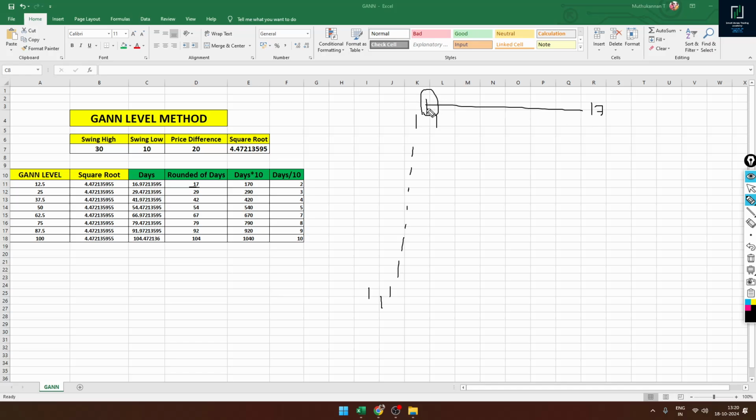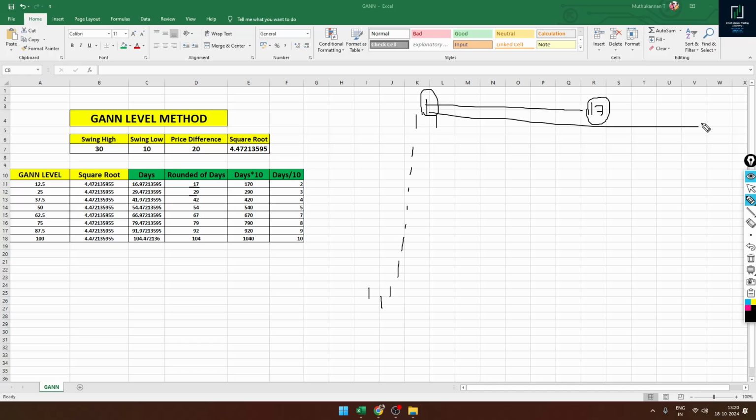I'm going to see after 17 days. It can be 17 days or 17 candles. Similarly, I'm going to see 29 candles from this swing high.